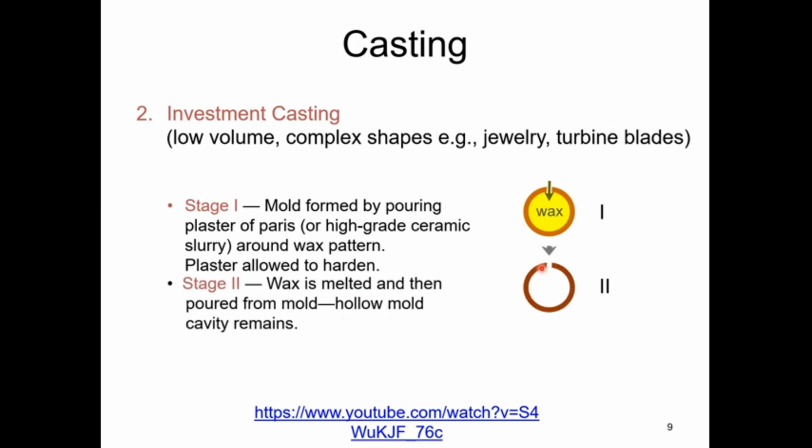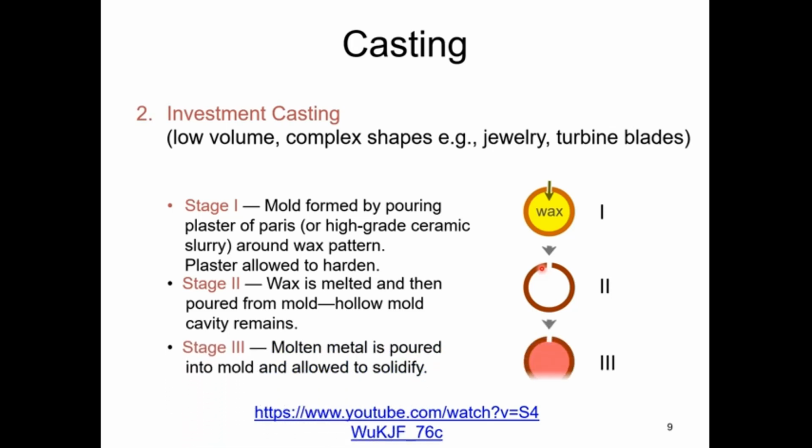The mold is then heated such that the pattern melts and is burned out, leaving behind a mold cavity having the desired shape. This technique is employed when high dimensional accuracy, reproduction of fine detail, and excellent finish are required. If we require those kinds of properties, we need to use investment casting.